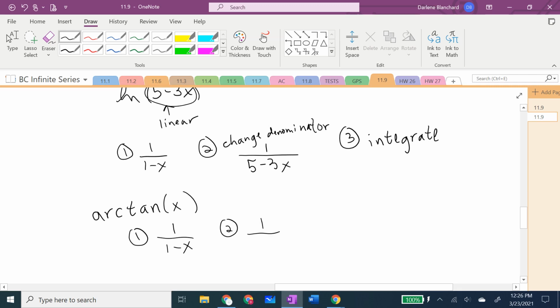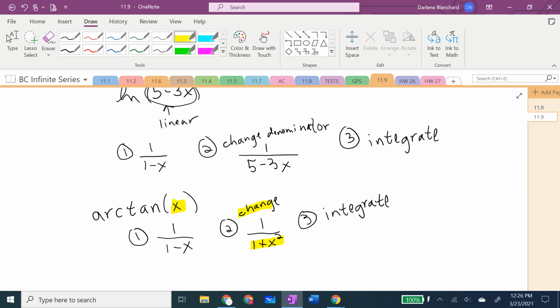You need to change it so that you have a denominator that will be able to integrate and give you arctan x. And from there, after integration, you could substitute in any extras. But your goal is start with the 1 over 1 minus x, change it by plugging in the negative x squared, integrate, and then you might have to do more if there's extra.